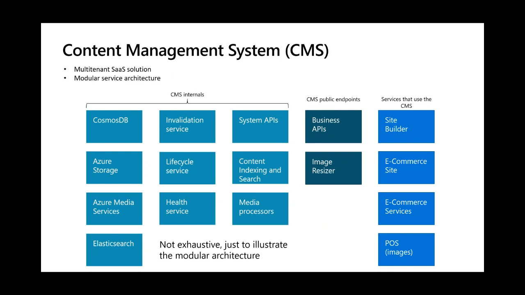On the top, we have the site builder, and I know that Brian will talk a bit more about site builder later in the session, but the site builder is basically the interface for content authors to create and manage content, kind of a UX for the CMS and CSU, if you will. Next, we have the e-commerce storefront, the actual site. We have e-commerce services, such as sitemap generation and other similar services.